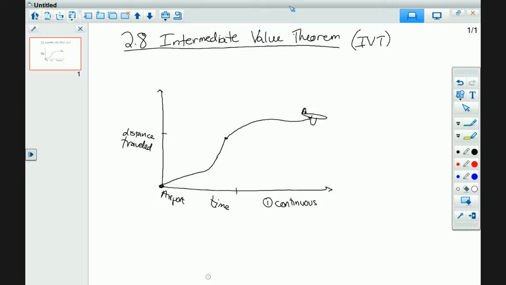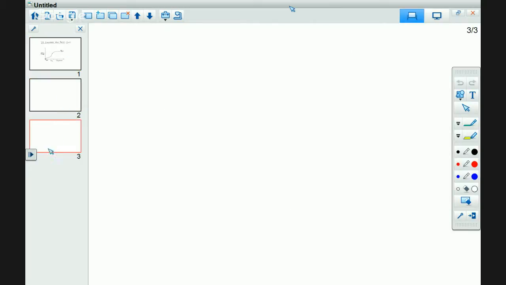Here's one way to use the intermediate value theorem. I'm going to do this example, and then I'm going to write the theorem out formally for you. So I'm going to give you an example first. Let's prove that sin x equal to 0.3 has at least one solution.